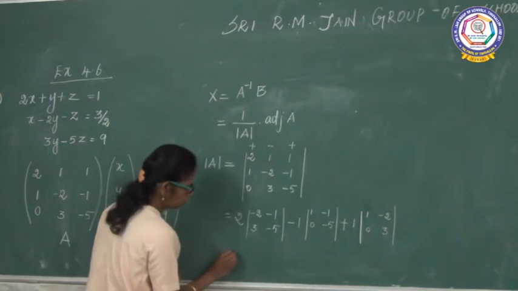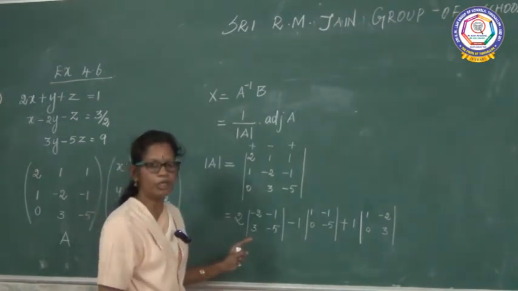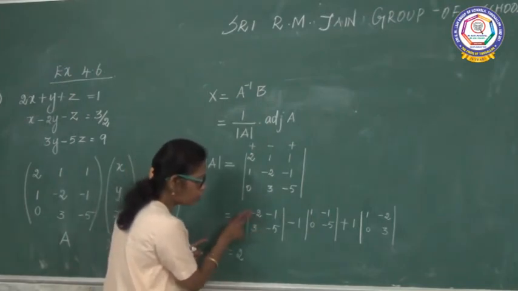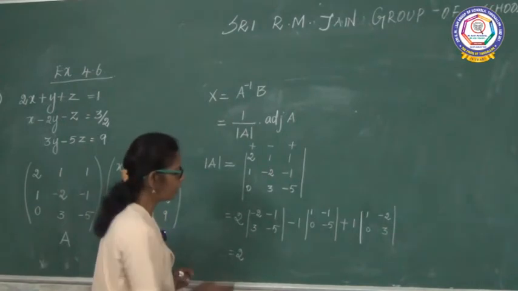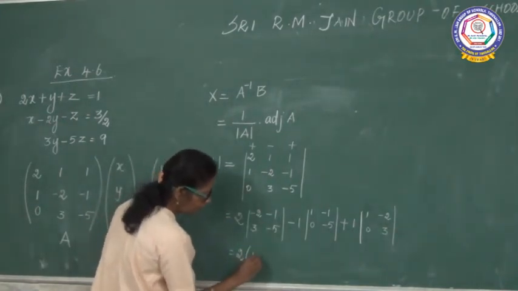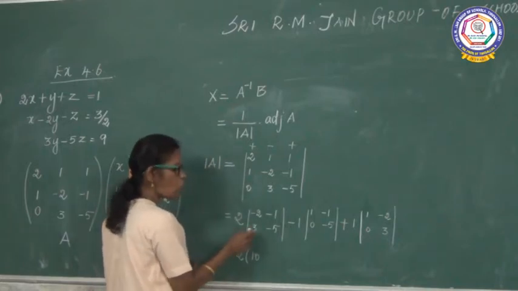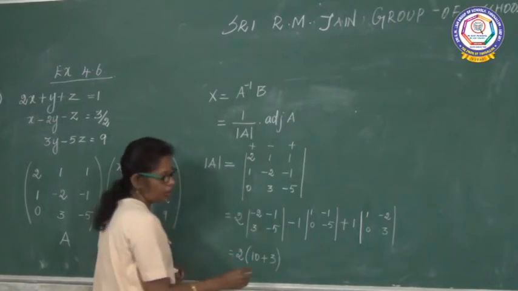Now, the 2 by 2 determinant means, you know, product of the main diagonal minus product of the sub-diagonal. So minus 2 into minus 5 is 10. Minus of minus 3 becomes plus 3.